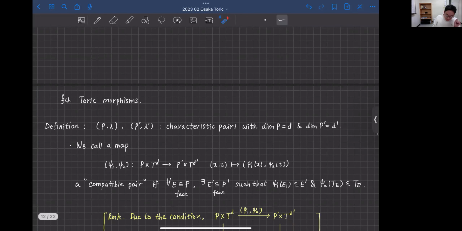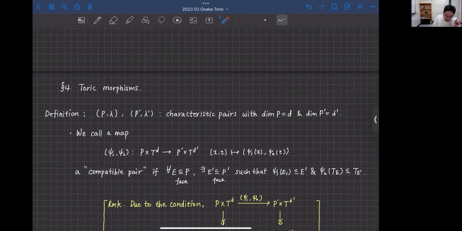First, let's think about two characteristic pairs, (P, lambda) and (P', lambda'), of dimension d and d' respectively. They don't need to have the same dimension.